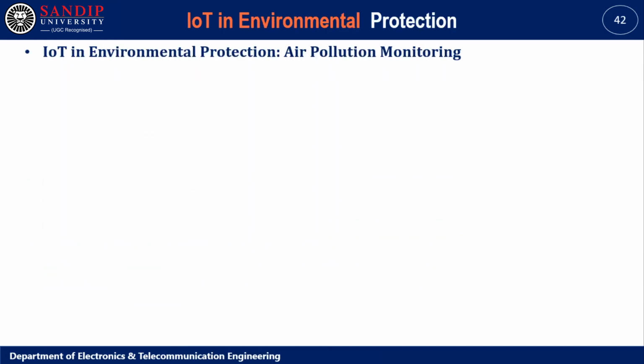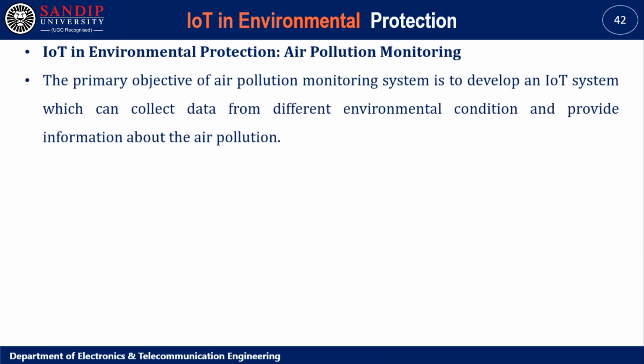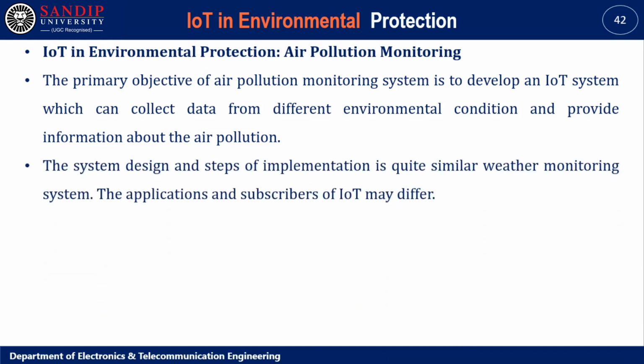Now IoT in environmental protection. IoT in environmental protection, that is air pollution monitoring. The primary objective of an air pollution monitoring system is to develop an IoT system which can collect data from different environmental conditions and provide information about air pollution. The system design and steps of implementation are quite similar to the weather monitoring system.